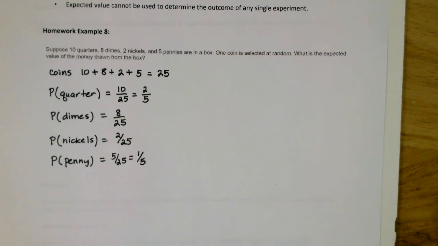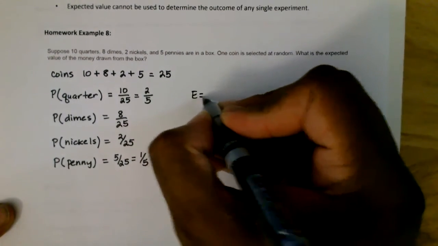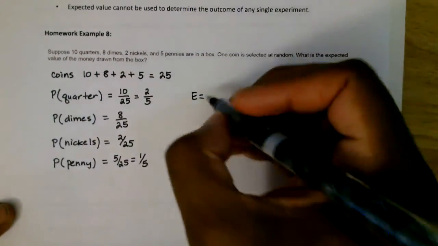Now, when I do the expected value, I'm going to use cents. I'm going to express the values of each of those coins in cents. Like a quarter is 25 cents, a dime is 10 cents, a nickel 5 cents, and a penny 1 cent. So my expected value would be, the value of the quarter is 25 cents.